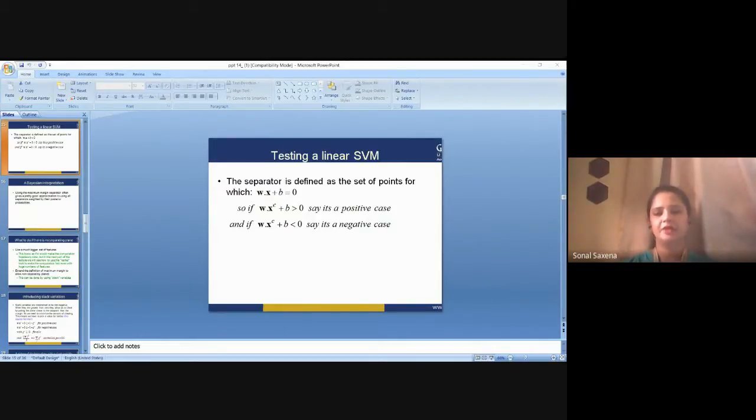Now, if the training data is linearly separable, we can select two parallel hyperplanes that separate the two classes of data so that the distance between them is as large as possible, right? Again, what is hard margin?